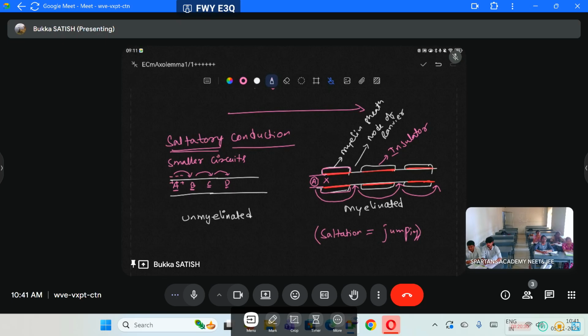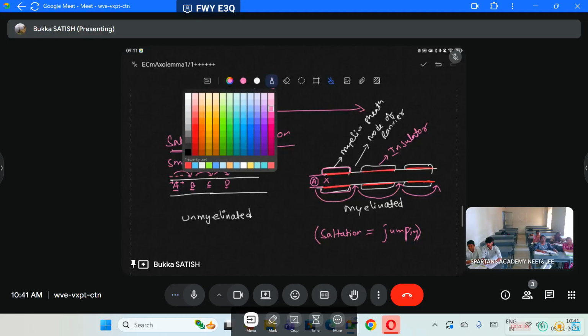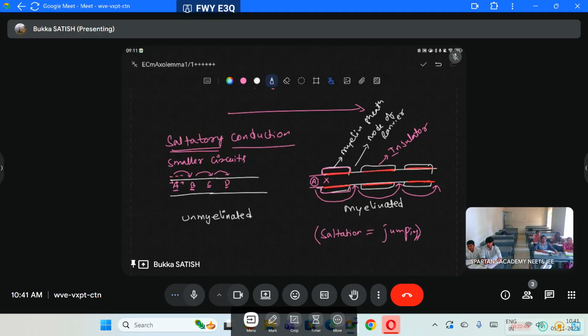So which conduction will be faster? Understood the logic, right? This one will be faster. So conduction of nerve impulse will be faster in the myelinated axon than in the non-myelinated one.